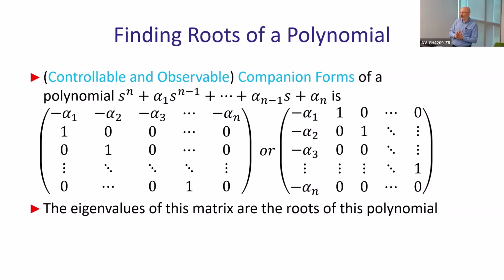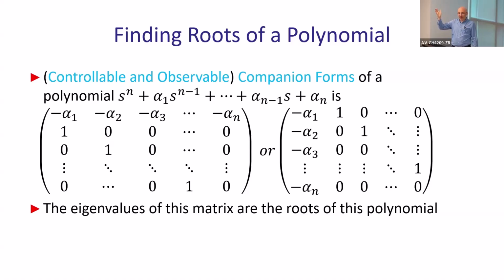And you have two standard forms which are relatively simple, mostly sparse, and the characteristic polynomials of these two matrices that you see on the screen are actually those polynomials of s to the power of n plus alpha 1 s to the n minus 1, and so on. You're just writing minus all of the coefficients on the first row of the first matrix on the left.